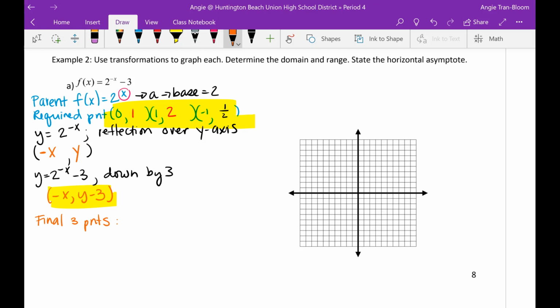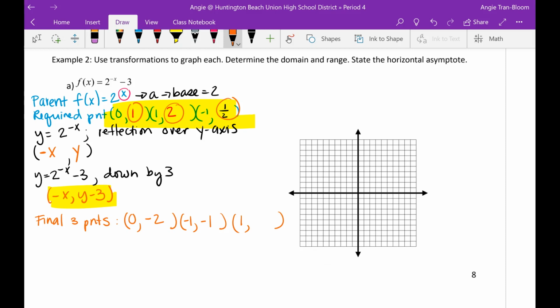Here we go. I need to change all my x's. So I've got 1 point, 2 points, and 3 points. It says -x, so if it used to be positive, it is now negative. If it used to be negative, it is now positive. Then for y, how am I changing my y? I am going to -3. So 1 minus 3 is now -2. 2 minus 3 is now -1.